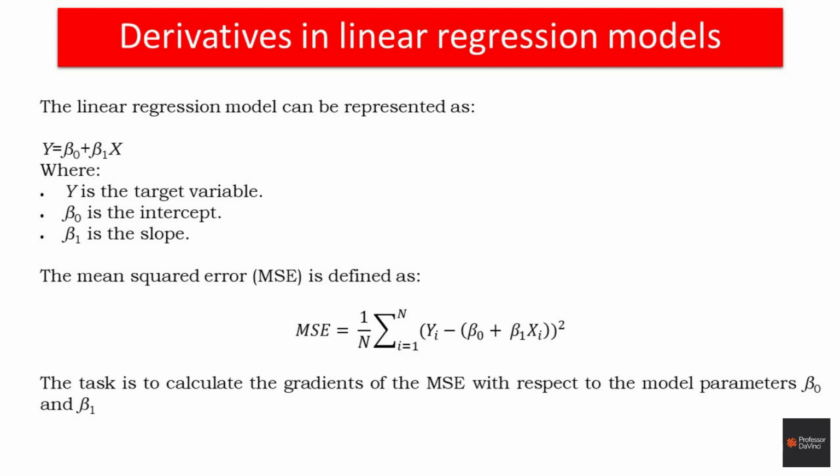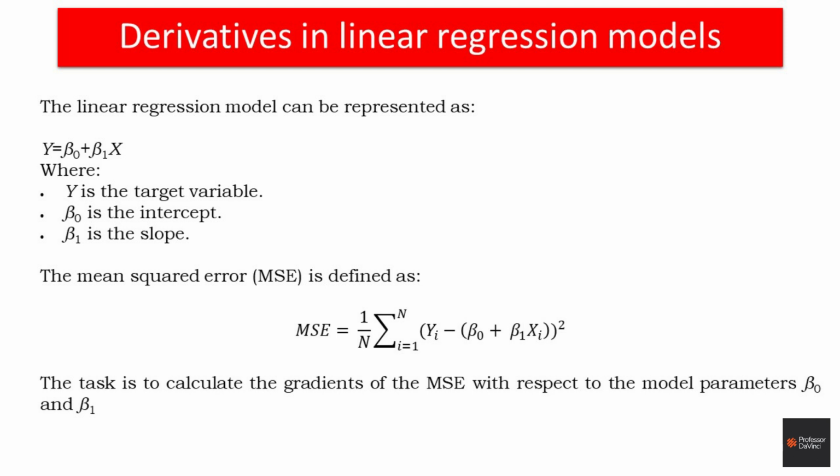The linear regression model can be presented as y equals beta naught plus beta 1 times x, where y is the target variable, beta naught is the intercept, and beta 1 is the slope. The mean square error, MSE, is defined as 1 by n, summation i equals 1 to n, of (yi minus (beta naught plus beta 1 xi)) power 2.